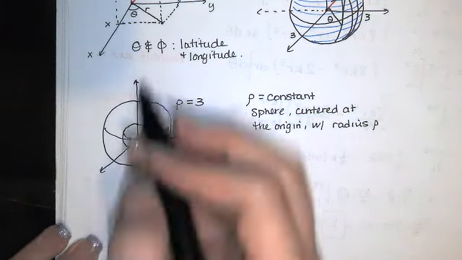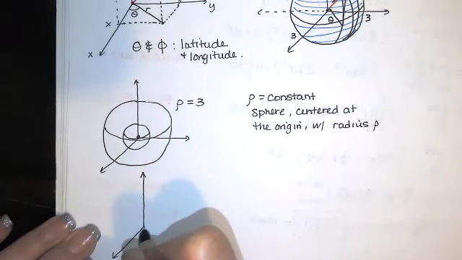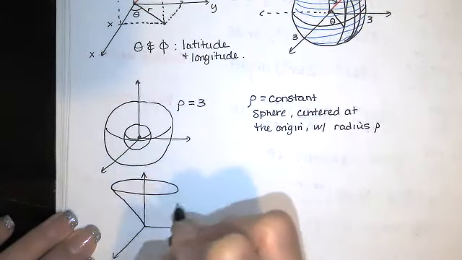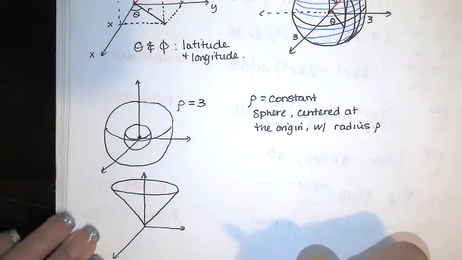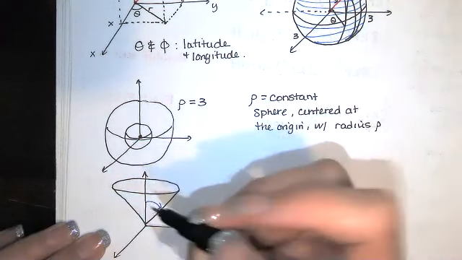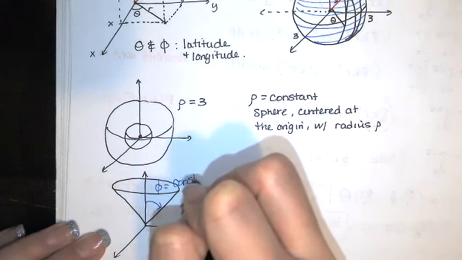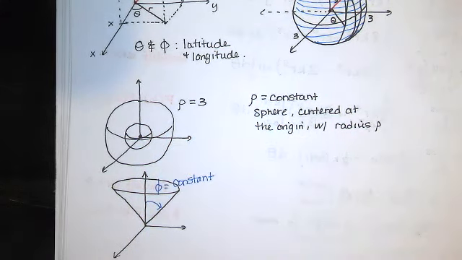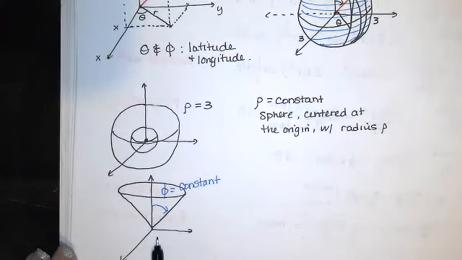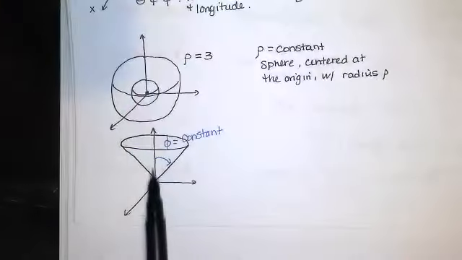Now, if phi is equal to a constant, I know it might seem unusual, but what we actually get is a cone. Because phi is an angle that that line segment makes with the positive z-axis.